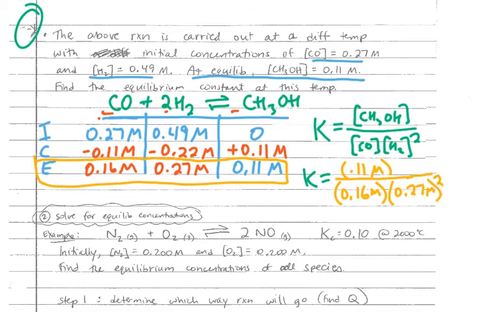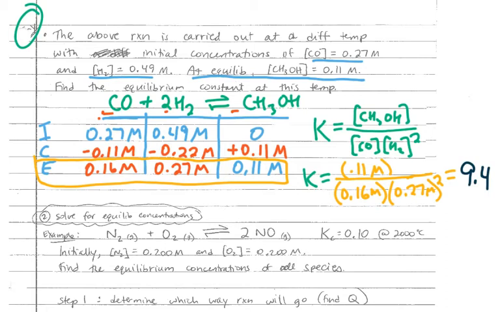Square that one and type it all into our calculator, and the answer is 9.4. Remember, K does not have units, and in this problem we're given 2 sig figs in all of our values, so our answer needs to be 2 sig figs.